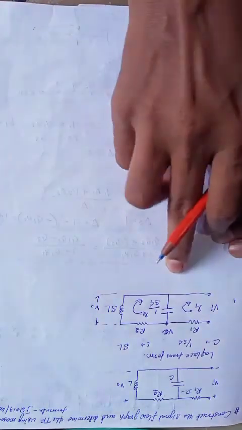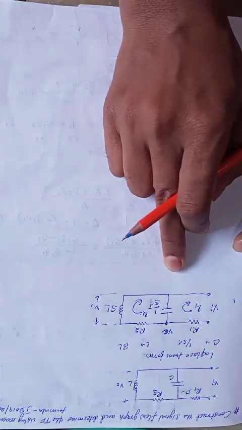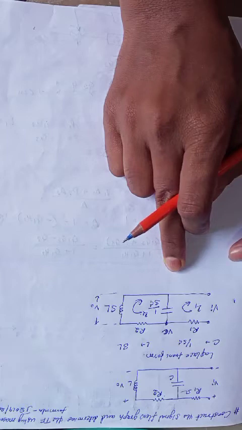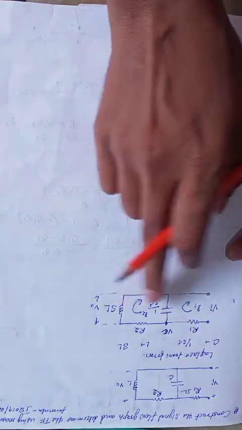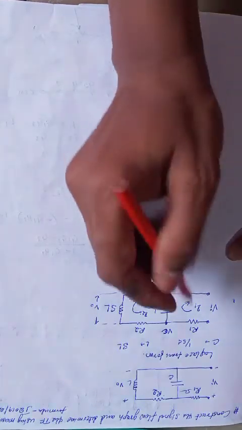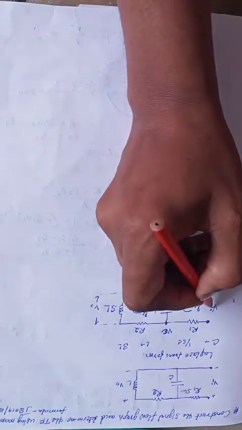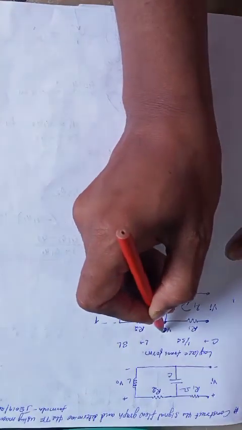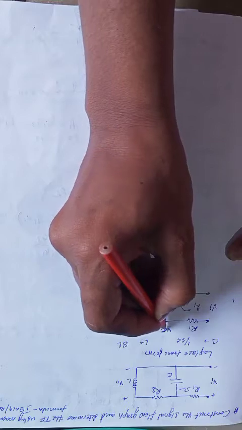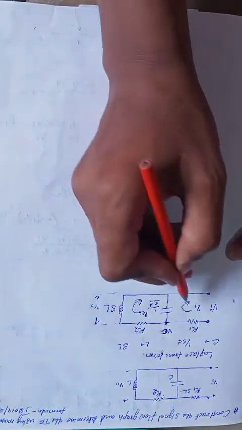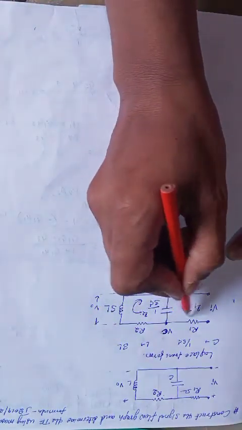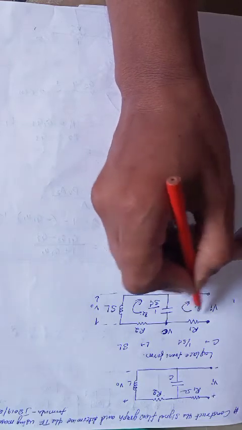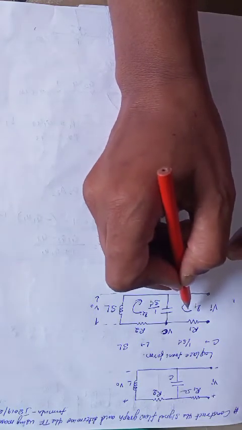After this, apply Kirchhoff's voltage node analysis for this. Here this is Vi and this is the capacitor Vc terminal. Now apply the node voltage analysis.